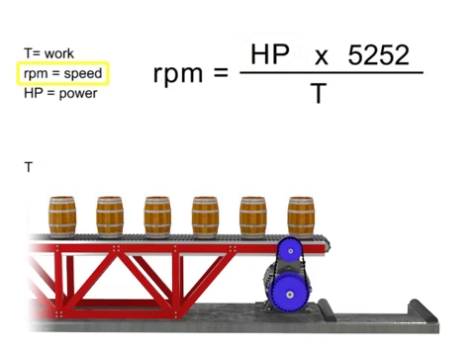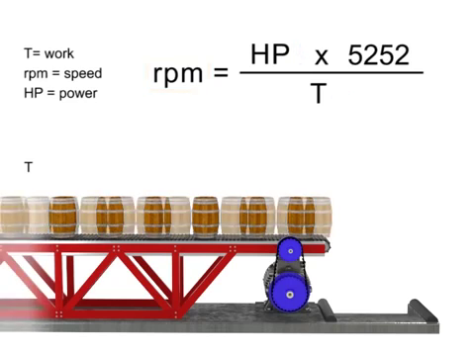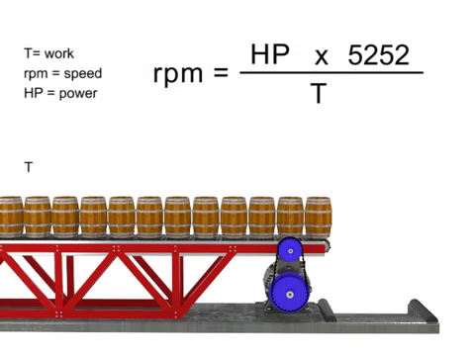If speed remains constant, then torque and horsepower are proportional. As the torque increases, horsepower also increases to maintain constant speed. As the torque decreases, horsepower also decreases to maintain constant RPM. Let's say we want production to increase, but the speed of the conveyor to remain constant.